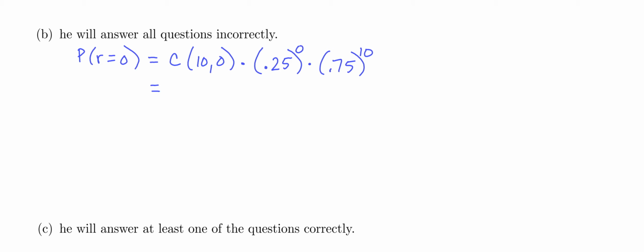So the probability that he would get all of the questions wrong is about 0.0563. Since this is a rounded answer, because the decimal is extremely long, we will put that it is approximate.